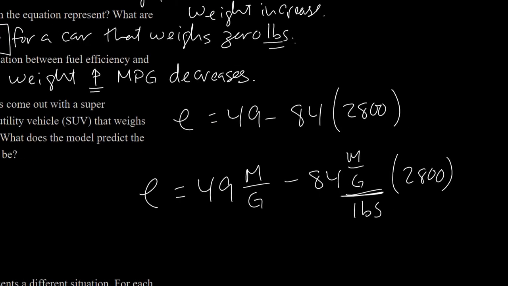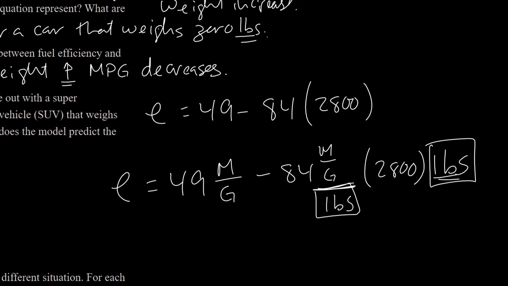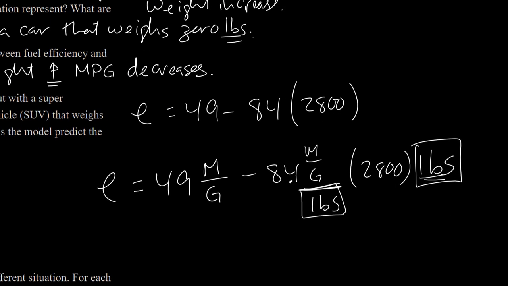What's beautiful is that the units of this numerator and this one cancel, and my answer becomes all just miles per gallon. Except this was 8.4, wasn't it? Yeah, it's 8.4, not 84. So don't forget a decimal there.